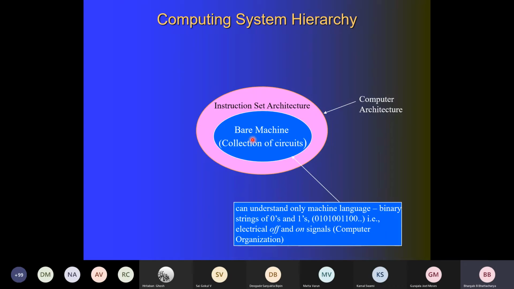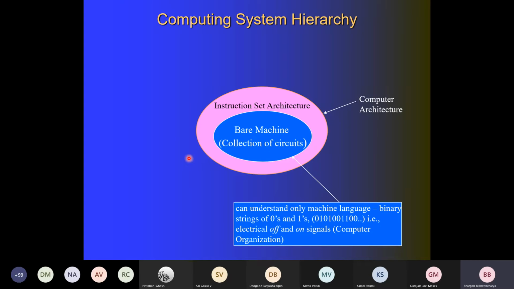We are going to represent the behavior of the machine in terms of the power of the instruction set it possesses. All right, so I design a machine and I say that these are the instruction sets which will be supported by this machine. The attributes of the instruction set, or the collection of the assembly language instructions, globally define what is called the instruction set architecture.